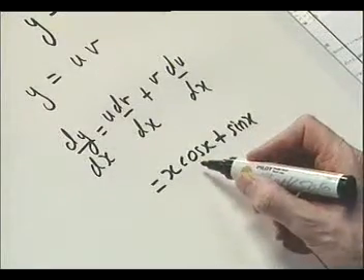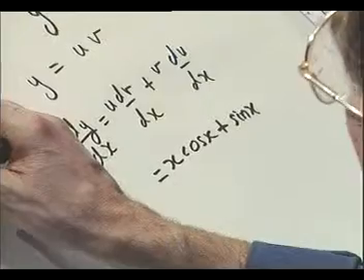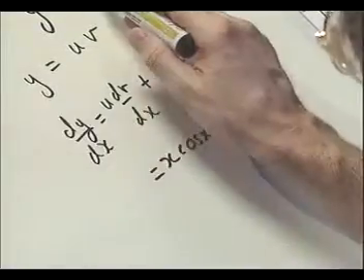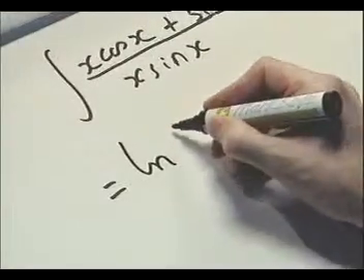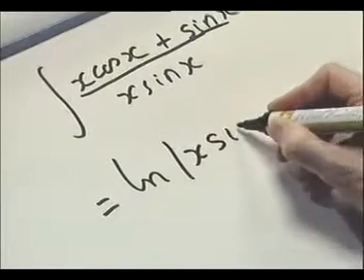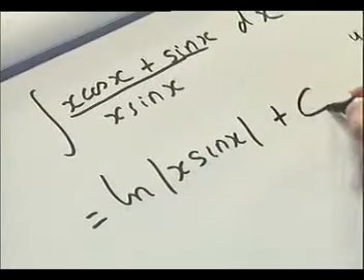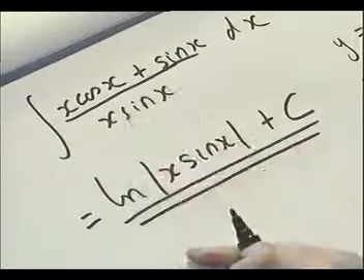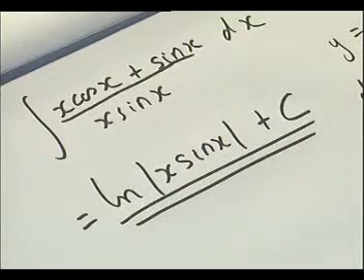And so if we look, what we can see here is that the numerator is x cos x plus sine x, which is the derivative of the denominator, x sine x. And so again, complicated though it looks, we've been able to spot that the numerator is again the derivative of the denominator. And so we can say straight away that the result of this integral is the log of the denominator, x sine x.